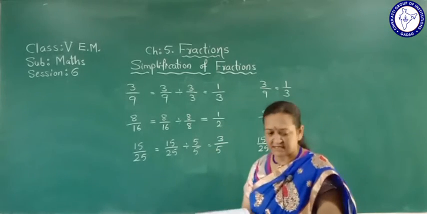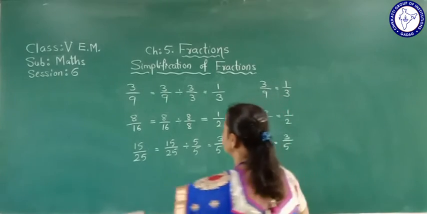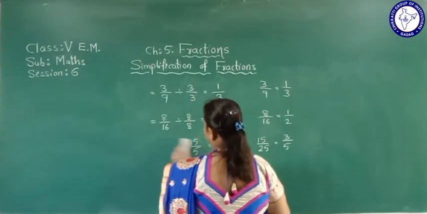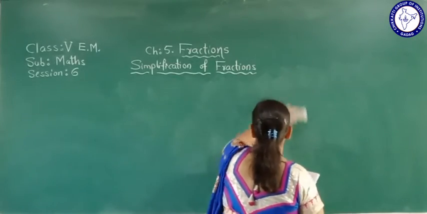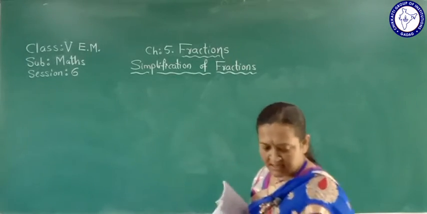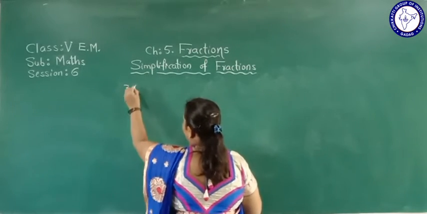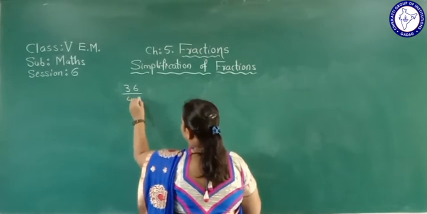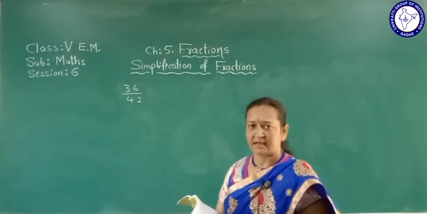Now still one example, let us go. Here one big number is given, 36 by 42. We should find in which table we get 36 and 42.